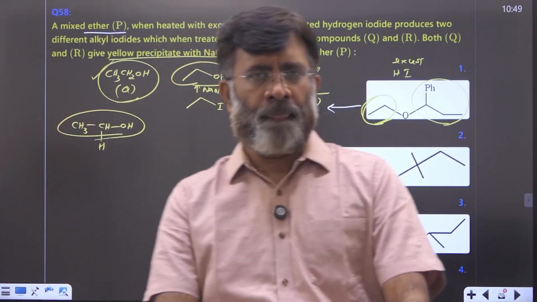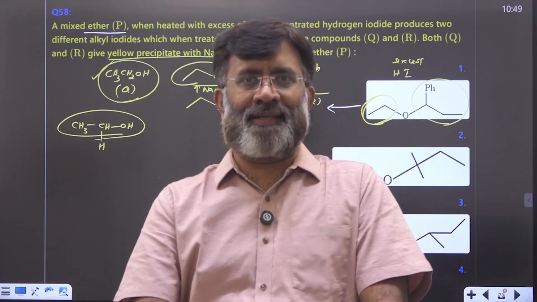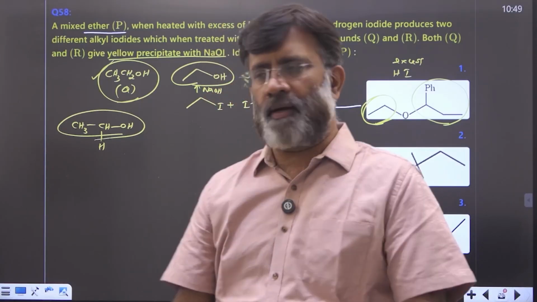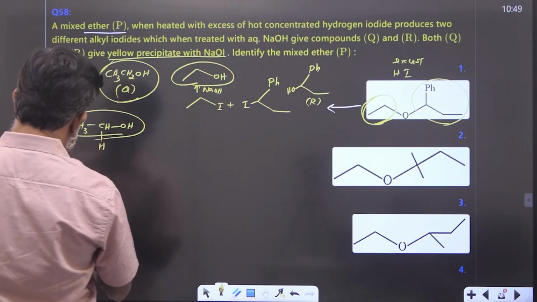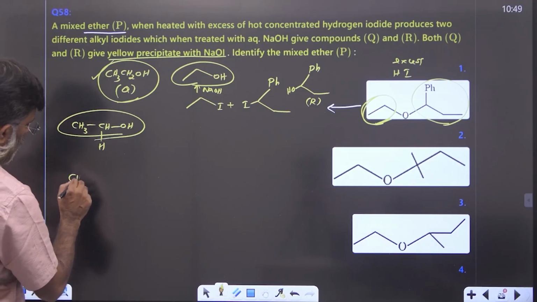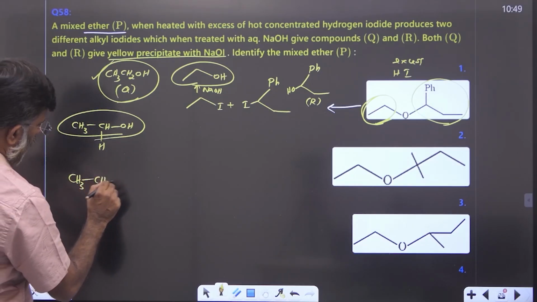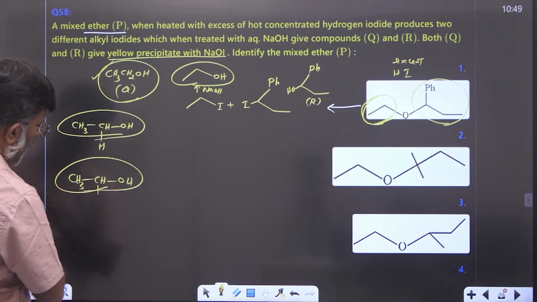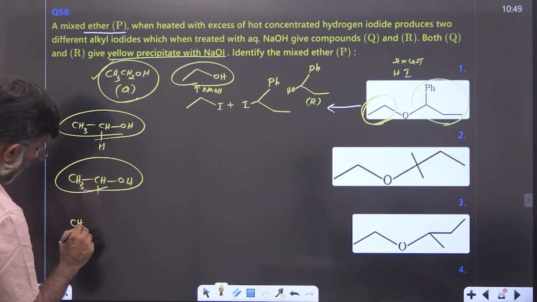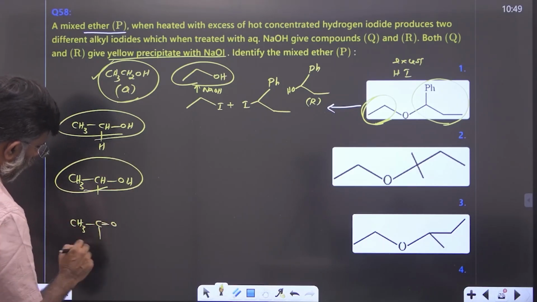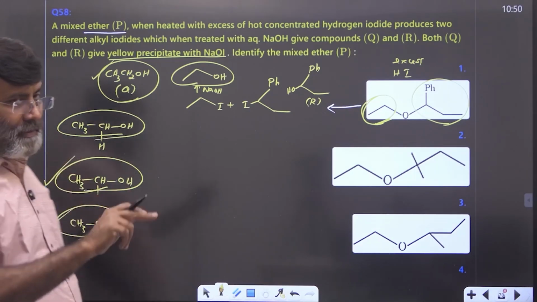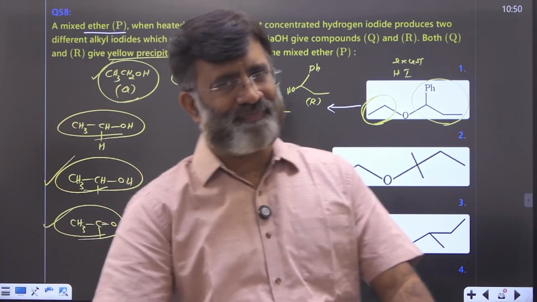Hope you remember: which compound gives haloform test? Haloform test is given by those molecules which contain methyl carbinol group or methyl keto group.